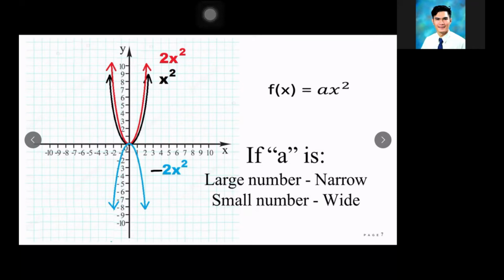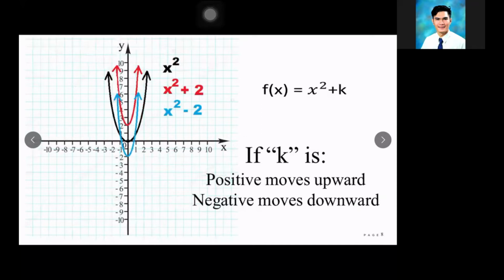Next, in our previous video, we described the second behavior of the graph, particularly the involvement of letter k. K is the number that is being added to x squared. If k is positive, the graph will move upward, or in simpler words, it rises from the original place.